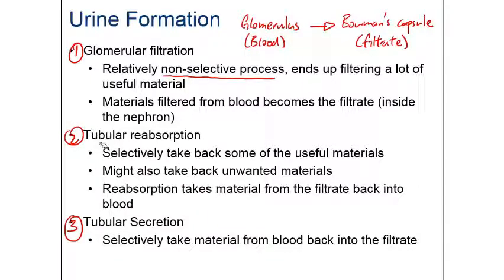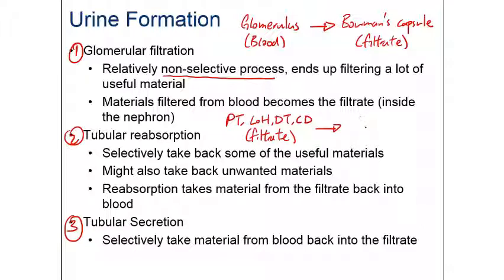Whereas tubular reabsorption is going to happen in the proximal tubule, in the loop of Henle, and at the distal tubule and collecting duct. What you're going to be doing is taking things from inside of these structures, which is the filtrate, and you will reabsorb them.